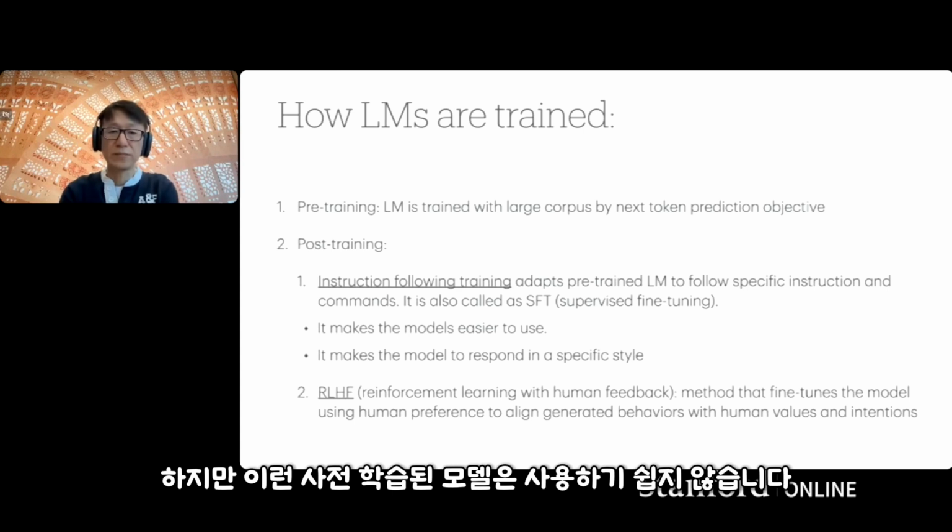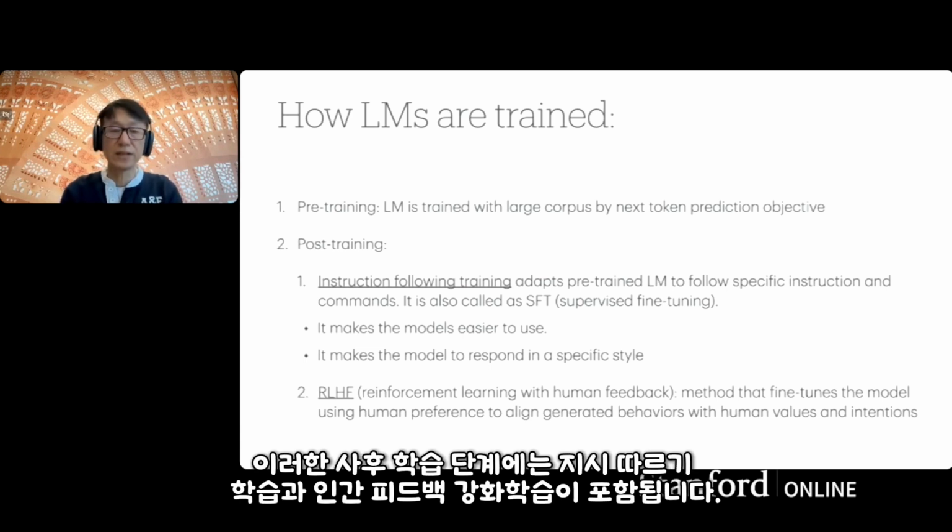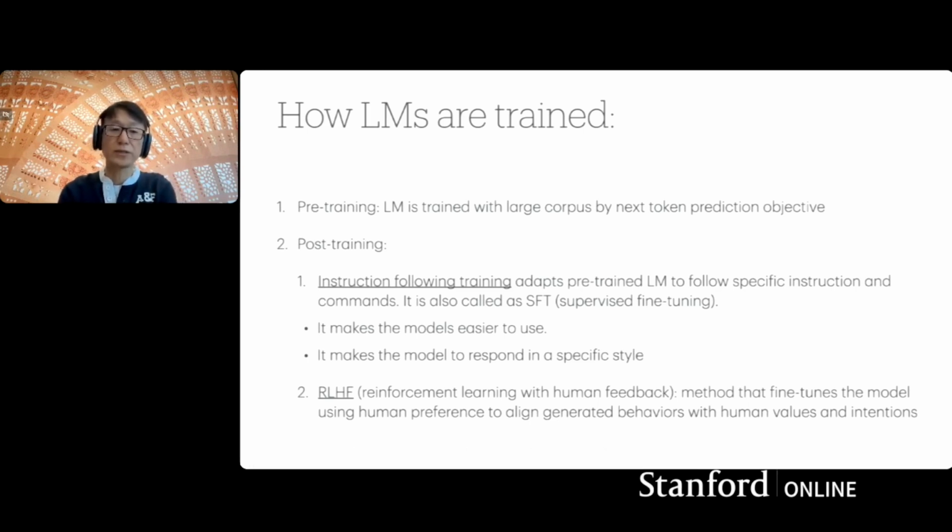However, the pre-trained model itself is not easy to use. So hence the post-training steps come in, and this post-training stage includes instruction following training as well as reinforcement learning with human feedback.